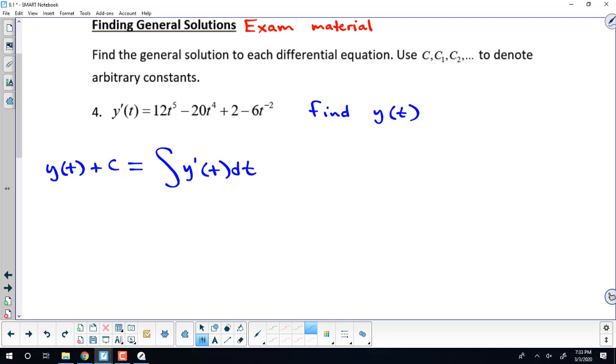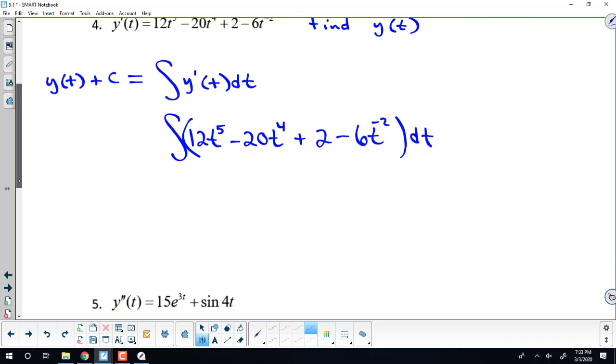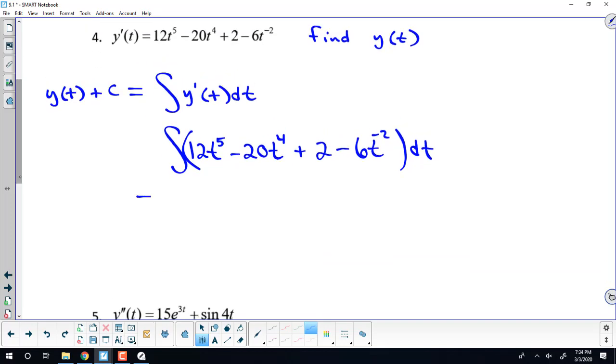Okay. So we have the antiderivative of this function, and that's going to give us y of t with our constant.